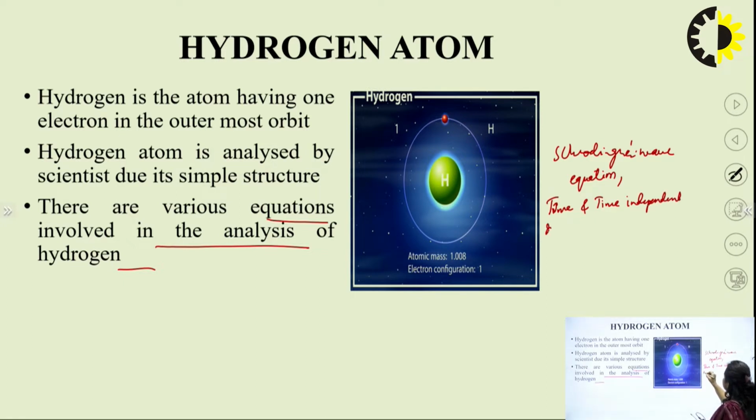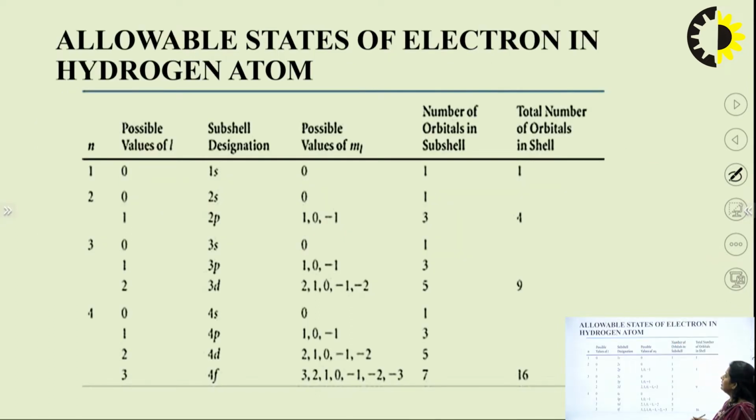Time independent is usually called position dependent. So two types of equation we have already discussed for the Schrodinger wave equation, and for hydrogen we can similarly analyze these equations.